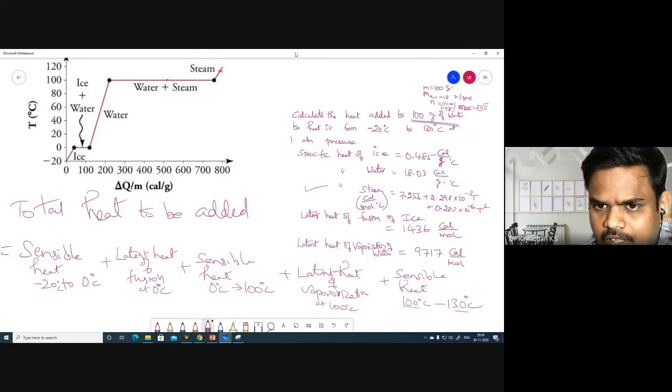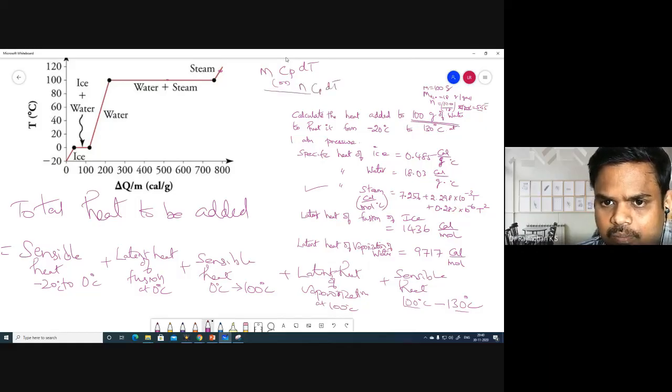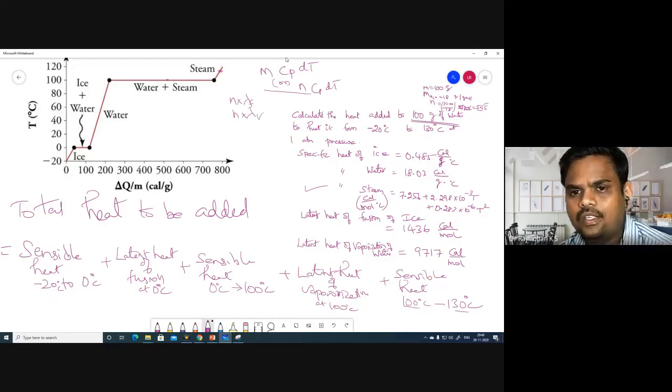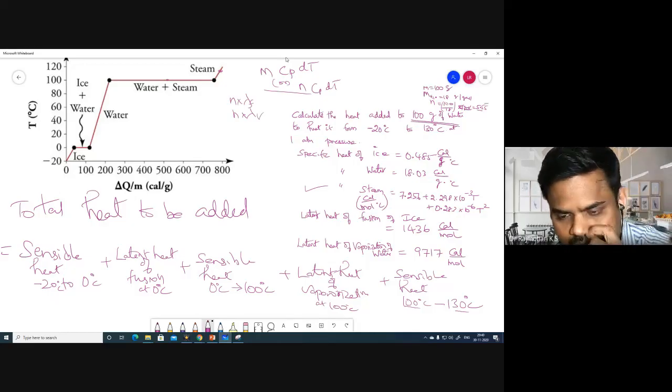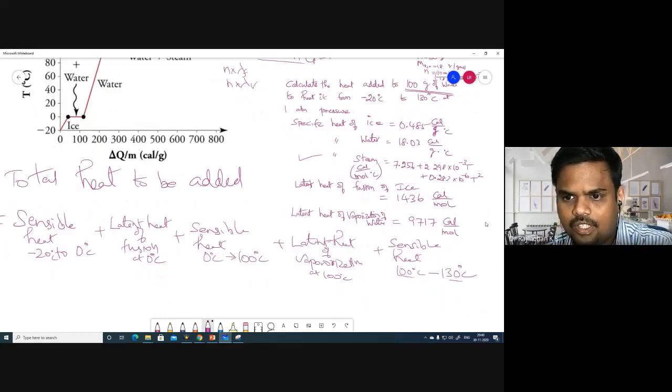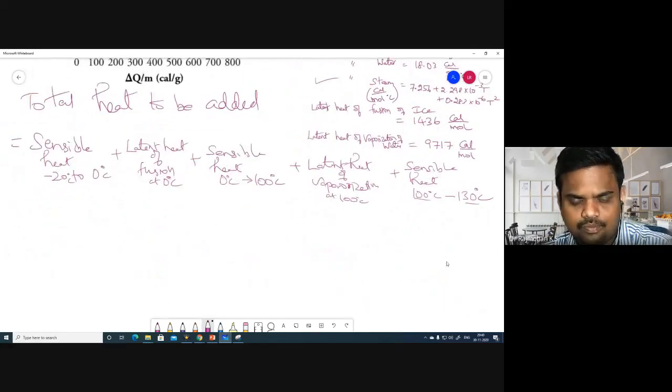Either you have to make use of m Cp dT or n Cp dT, or simply n into lambda for latent heat of fusion, and n into lambda for vaporization. These are the only formulas used to calculate the answer. Please report all the 5 terms.